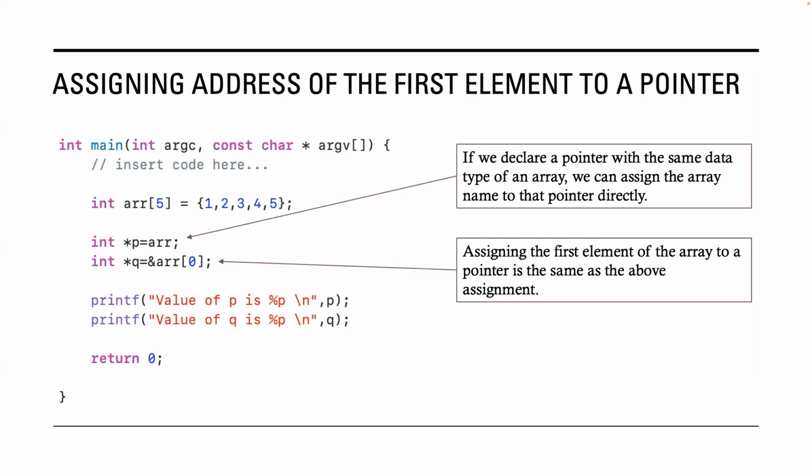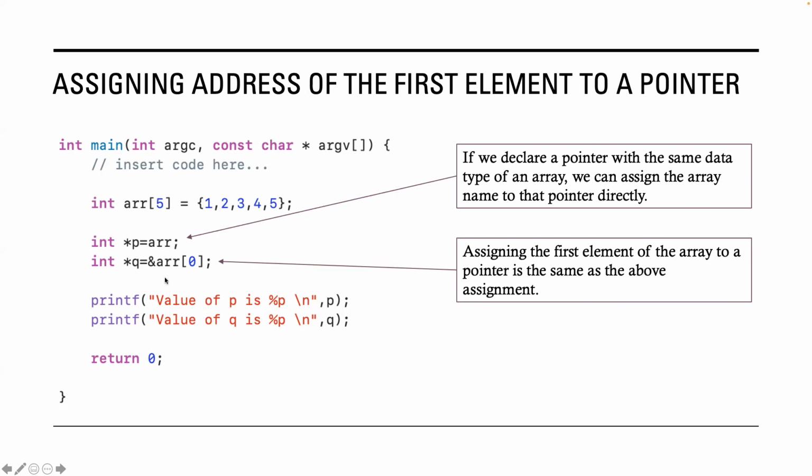So here in this code, I declared and initialized this ARR array with 5 elements. And then I have 2 pointers here.